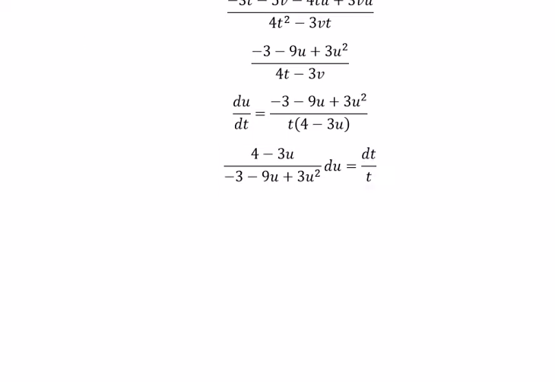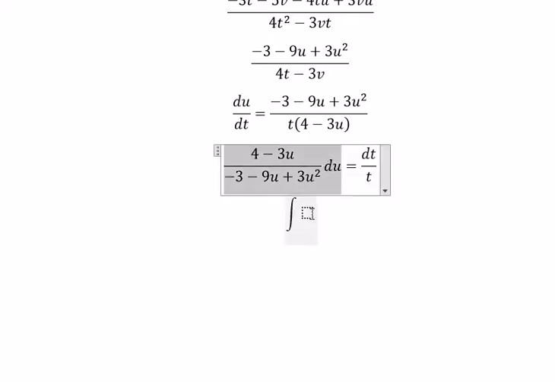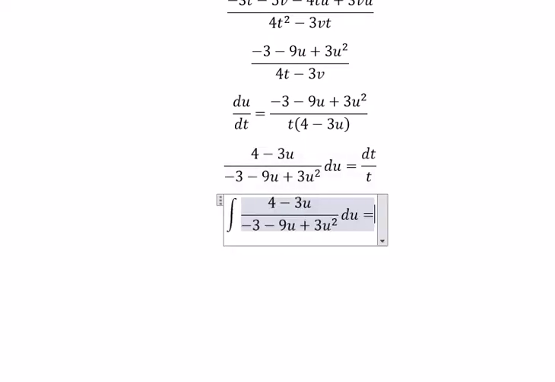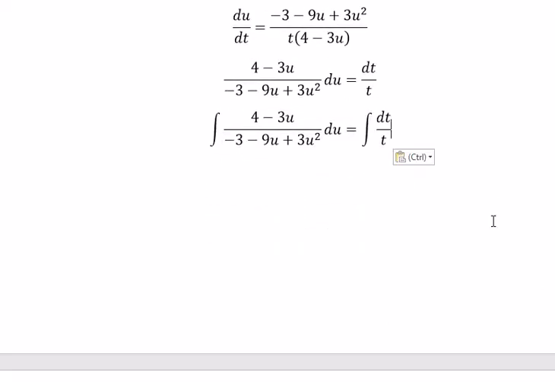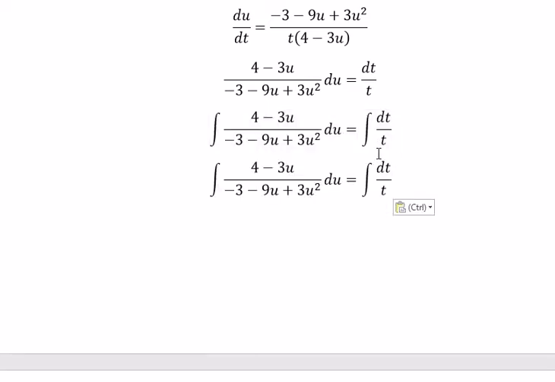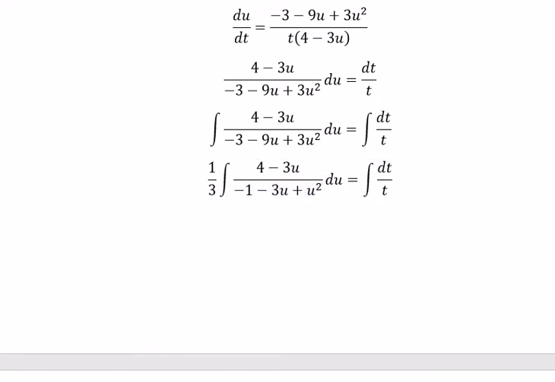Later we put the integral on both sides. So I put 1 over 3 outside. So now I will concentrate on this integration first.